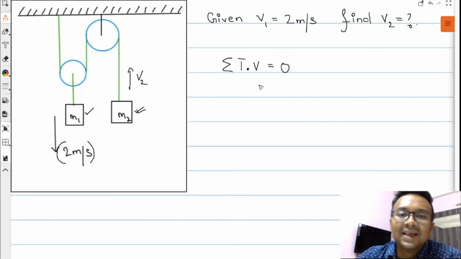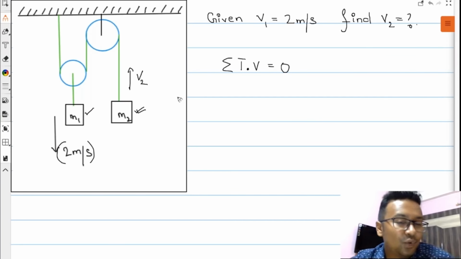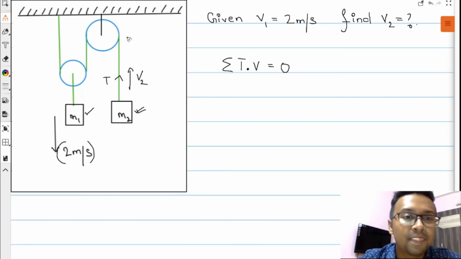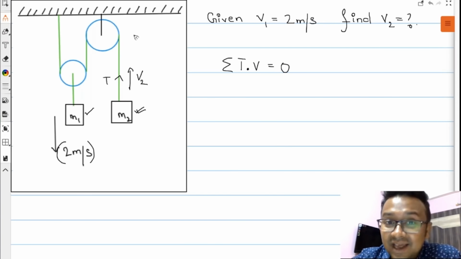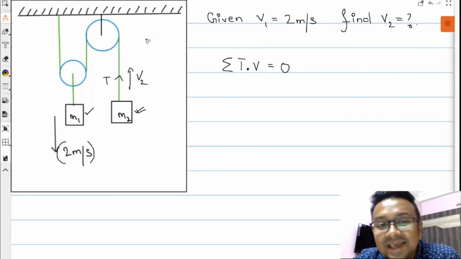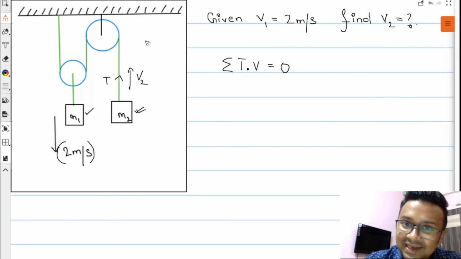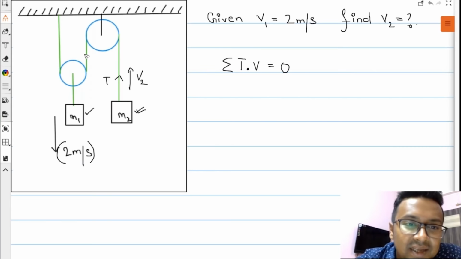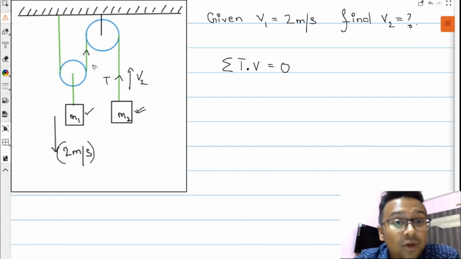Then the first thing that I'm going to do is find out the tension distribution in the strings. That is the most important part of this question. Let's say the tension out here is T. It's an ideal scenario: the strings are massless and inextensible, and the pulleys are massless and frictionless, so the tension on both sides is going to be equal.